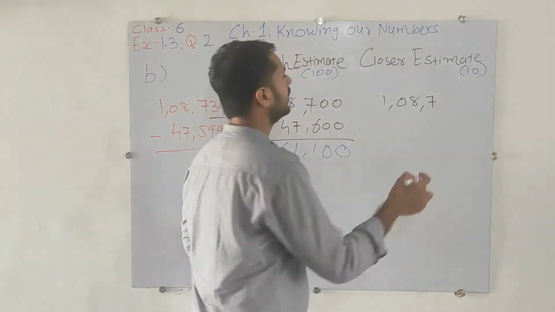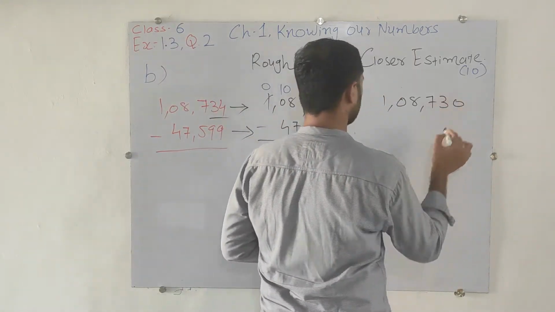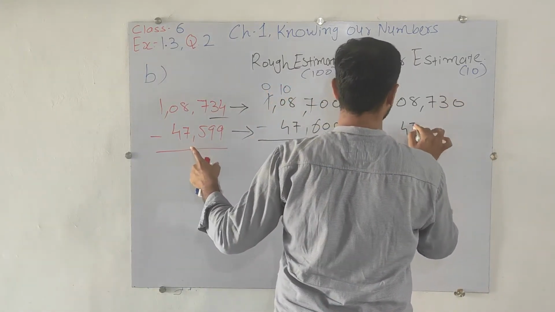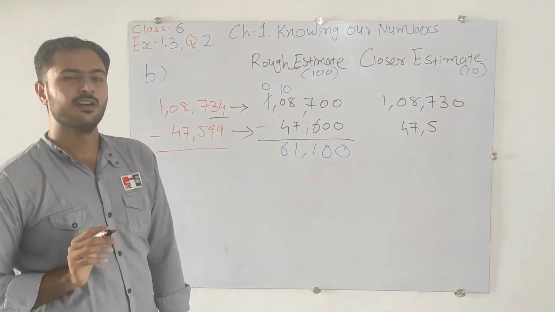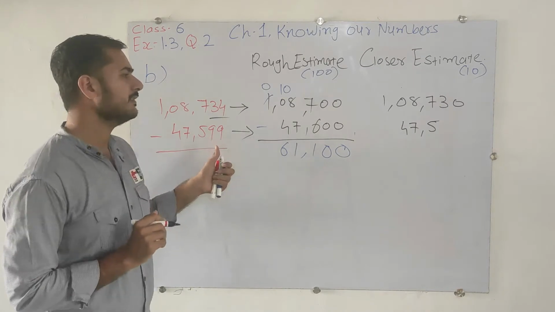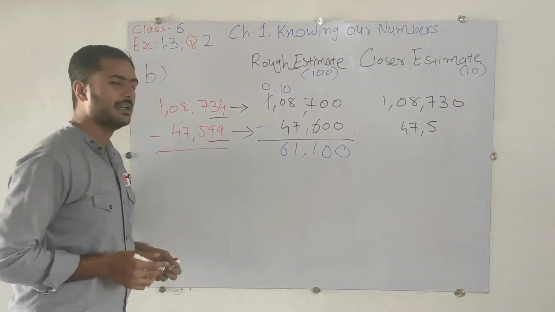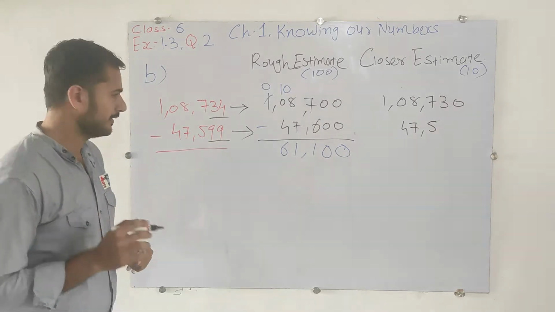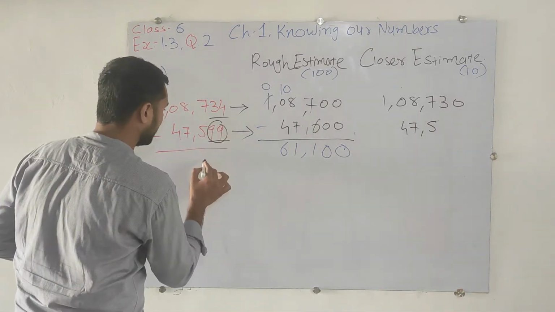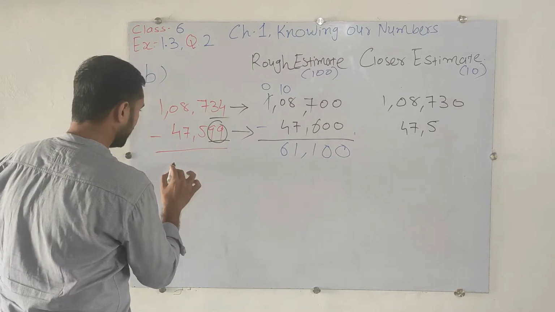That is nearby to 30. So I am going to write 30 over there. And there is 47,500 something. Now that 500 something is 99. Tell me, 99 is nearby to 90 or 100? That is nearby to 100. So in place of 99, I need to write 100.